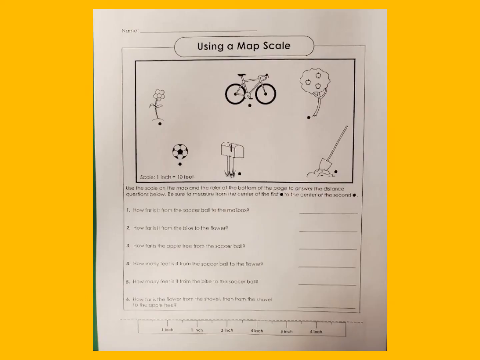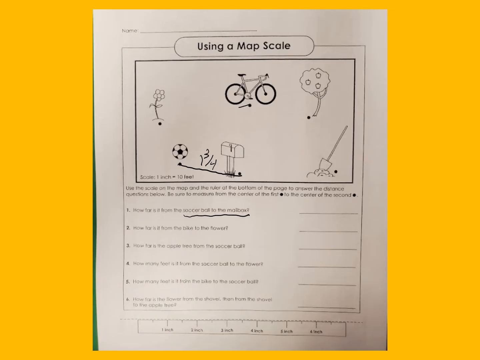Question number 1 says, how far is it from the soccer ball to the mailbox? If I measure from the soccer ball to the mailbox, that gives me about 1 3/4 inches, okay? Number 2 says, how far is it from the bike to the flower?